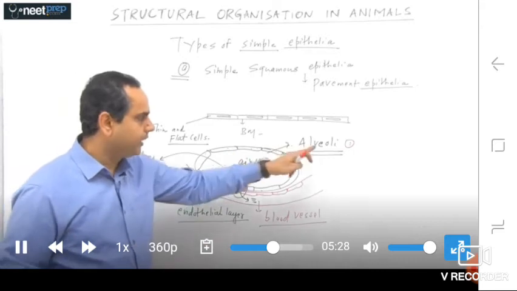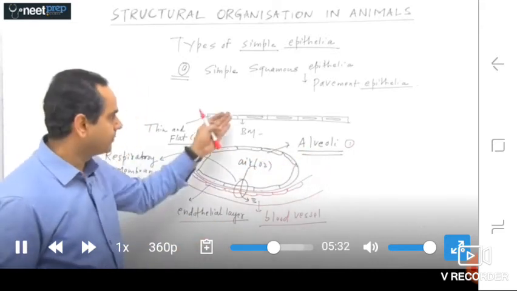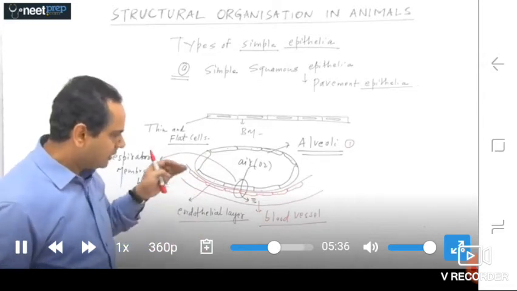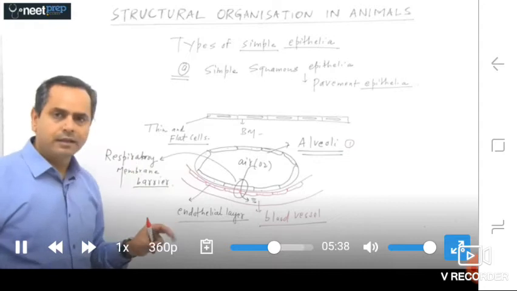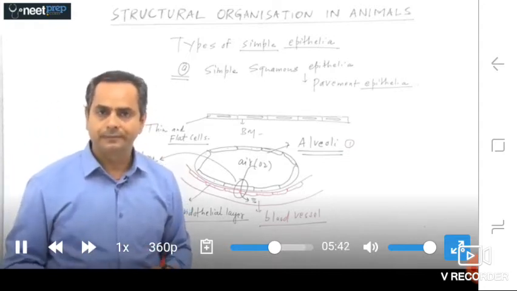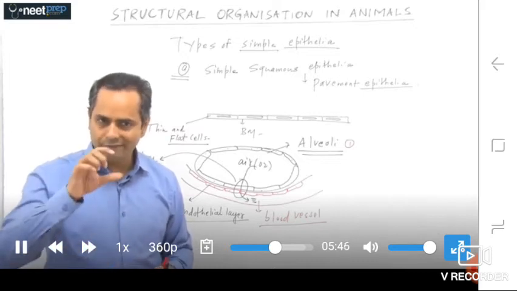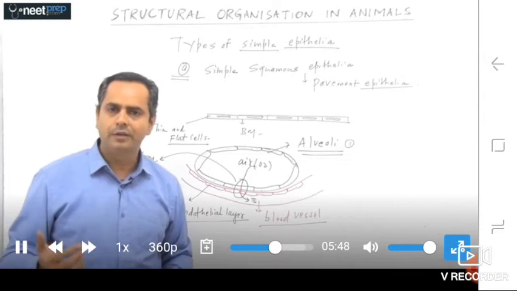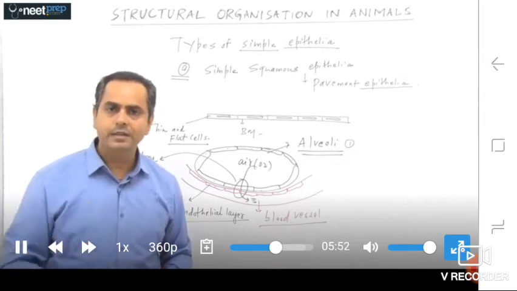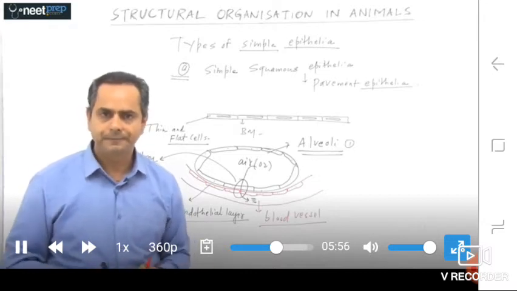And we know that a membrane barrier is required for gaseous diffusion. Here the flat, thin cells allow very effective diffusion of gas across the respiratory membrane barrier. That's fine.